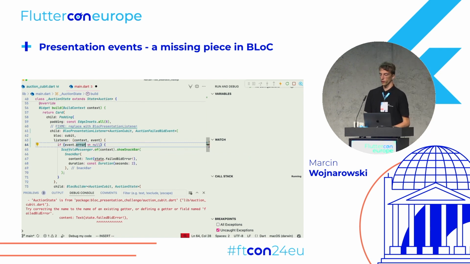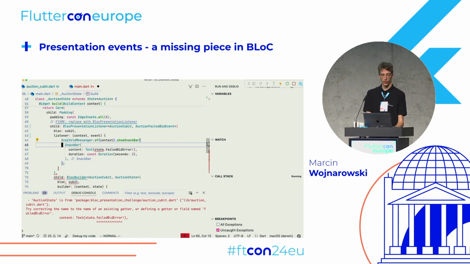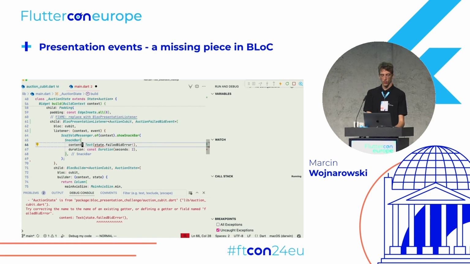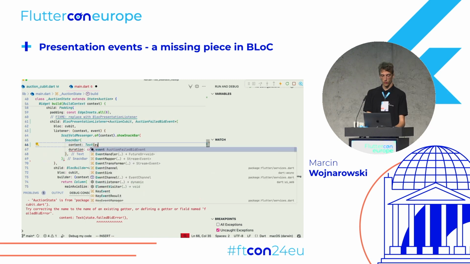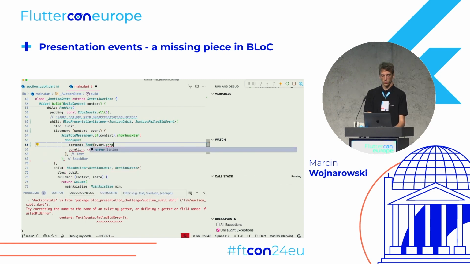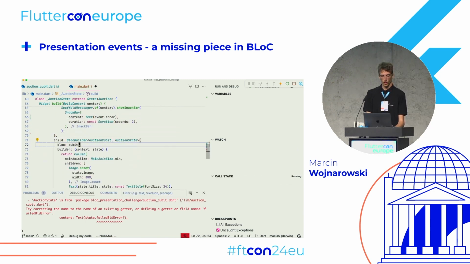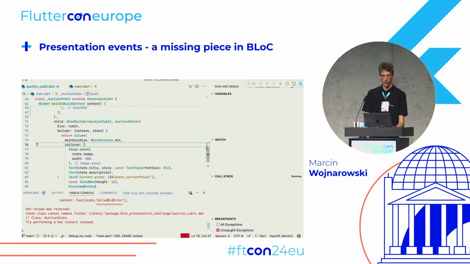But one thing that is even better is that we don't have to compare with null, because we know that whenever we got this event, we are supposed to be showing the error. So we can even remove the conditional and just use the event error. And the rest stays exactly the same.